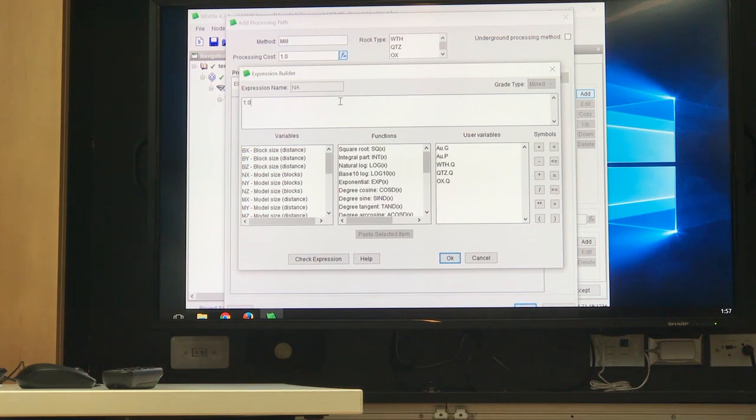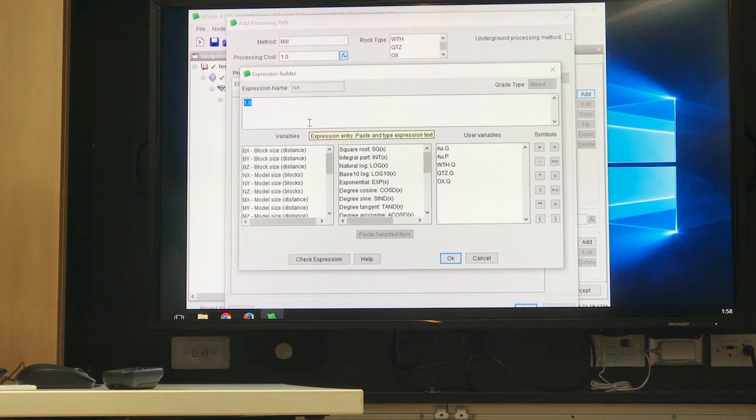So for every block that's going to be extracted, the recovery of that block is going to be a function of the grade of that block. The same thing applies to cost. Here, instead of putting a single number for the cost of processing a block, you could have it as a function of different things. For example, what could influence the processing cost of a rock?